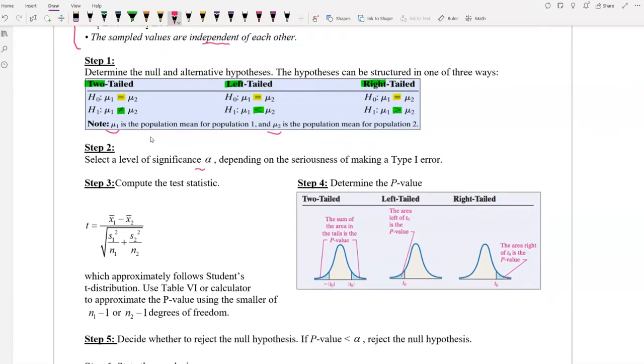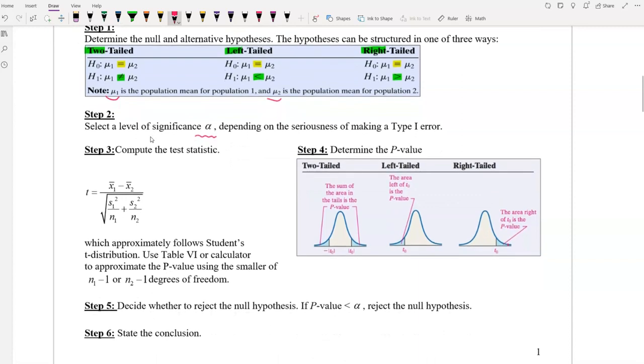Step 2, we should know what alpha is, our level of significance. Step 3, test statistic.